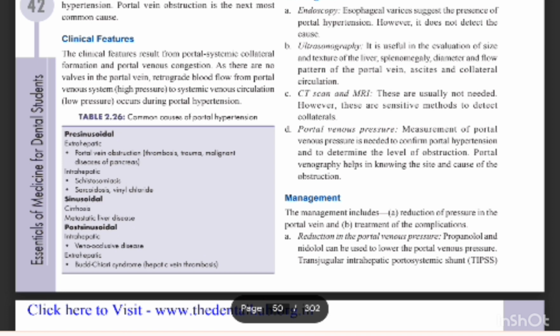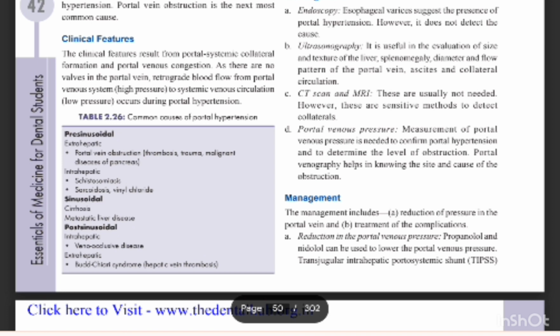Then intrahepatic, it could be due to schistosomiasis, sarcoidosis, vinyl chloride. And then sinusoidal, it could be due to cirrhosis or metastatic liver disease.